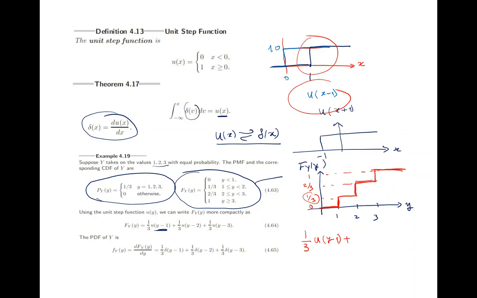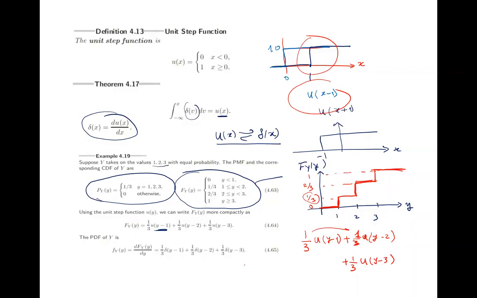The magnitude is 2 over 3, so 2 over 3 u of y minus 2. Next, I have another one starting at 3, whose amplitude is 1. Actually, this should be 1 over 3, I'm sorry. We have to add them up. So again 1 over 3, because we add them up, u of y minus 3.